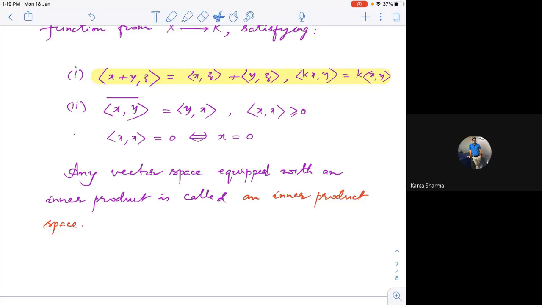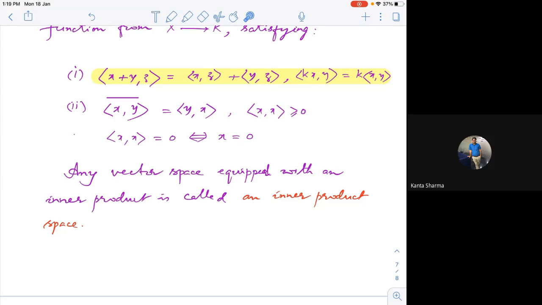They convey that linearity is there in the first coordinate here. That is, x plus y comma z is equal to x comma z plus y comma z, and kx comma y is equal to k times x comma y. These two properties say that the inner product is linear in the first coordinate or first factor.